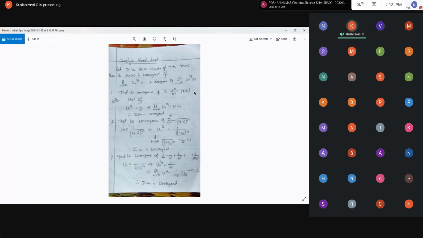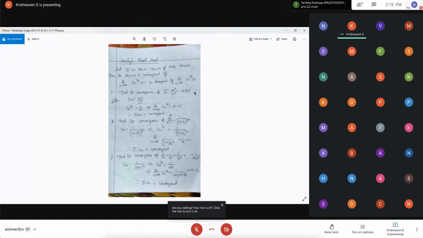Apply un whole power 1 by n. Un power 1 by n equals 1 by (1 plus 1 by n) whole power n square, whole power 1 by n. The n square power 1 by n gives n after cancelling. So we get 1 by (1 plus 1 by n) whole power n.